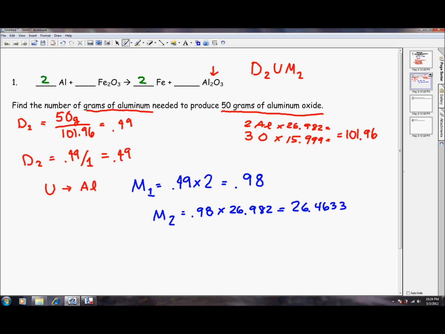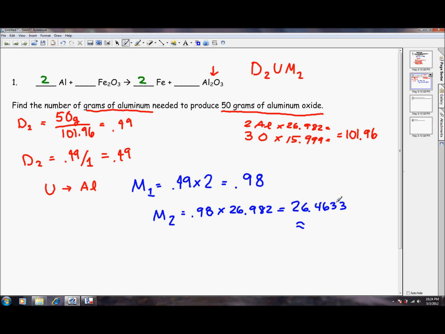26.4633. Now remember, you have to round off your answer to significant figures. So you go back here, this is the starting number, 50. This is not a significant zero. Remember, zeros at the end without decimal points are non-significant. So there's only one significant figure. So how do I round this off to one significant figure?